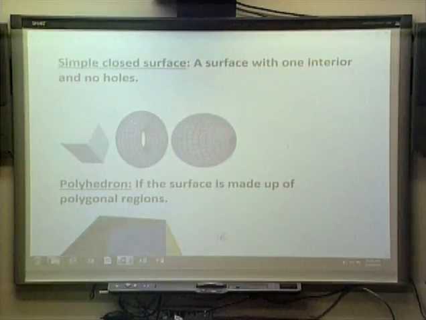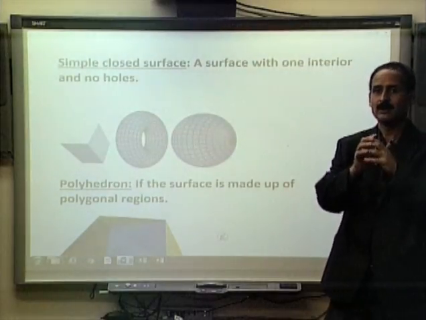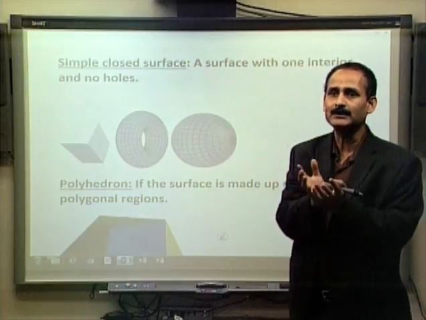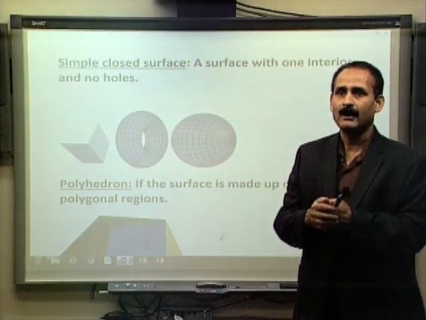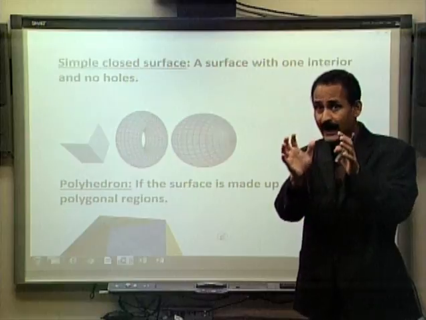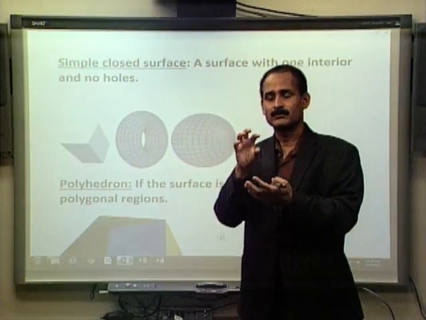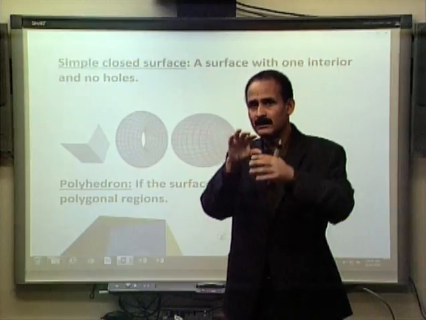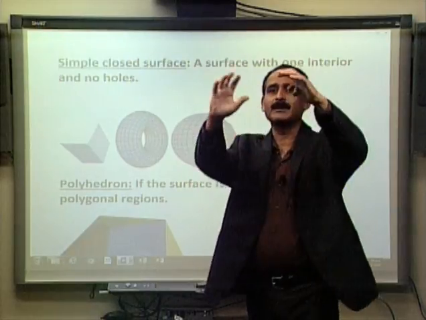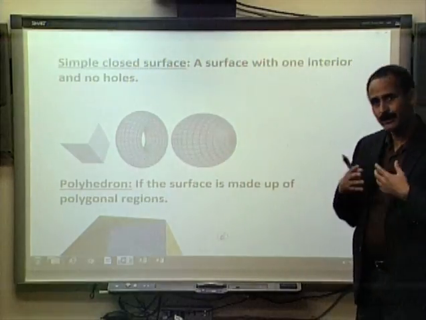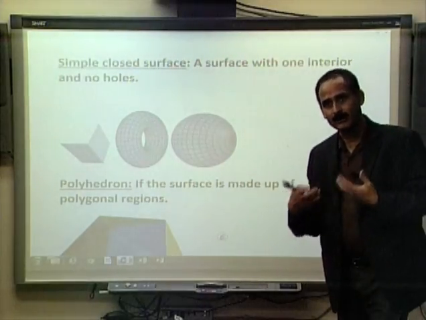Now we talked about closed regions, closed polygons, and closed curves, like we talked about the circle. Now we will extend that idea of a closed plane region into a closed geometric shape in the space, and they are called simple closed surfaces.